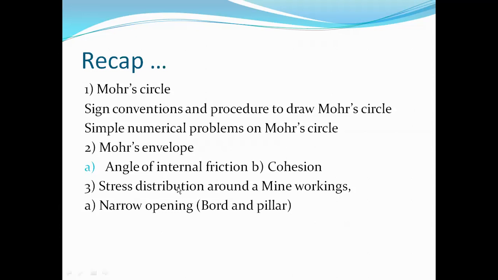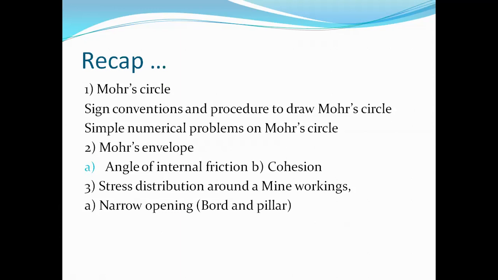Generally, the line of the Mohr envelope is not a straight line; it's a curved one. But in our usage, we'll be treating it as a straight line, in order to make any kind of interpretation, instead of a curved line.